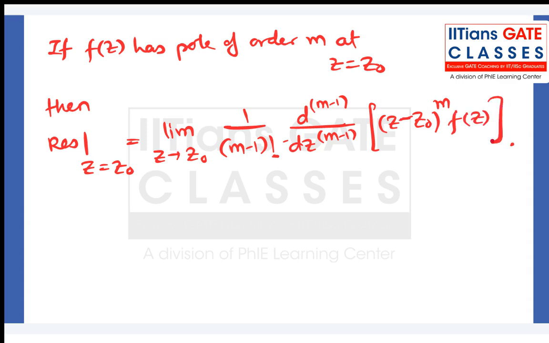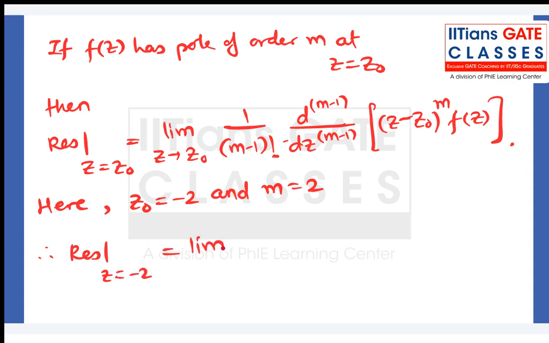Here in this problem, z naught is -2 and m is 2 because it's a double pole at -2. Therefore the residue at z equal to -2 is the limit as z tends to -2 of 1 by (2 minus 1) factorial, which is just 1 factorial, and you take the first derivative because the pole is of second order, of (z plus 2) square into f of z.